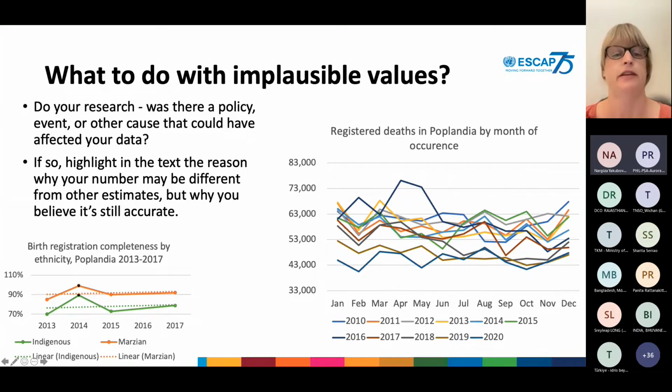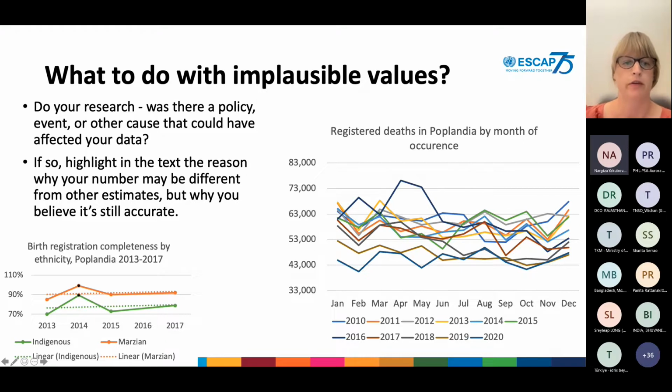But then sometimes these things can be explained, right? So we said that there was a big cyclone in 2018 in February. It killed a lot of people. And perhaps this is a resulting delayed impact of that cyclone. Poor sanitation, people injured in hospital who died a month or two later, et cetera.